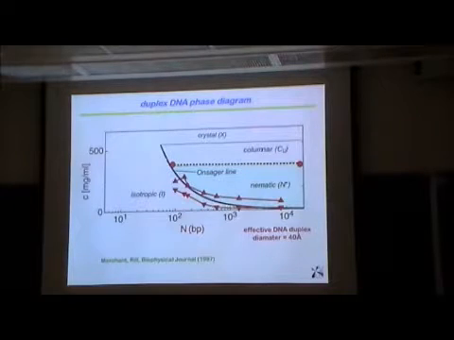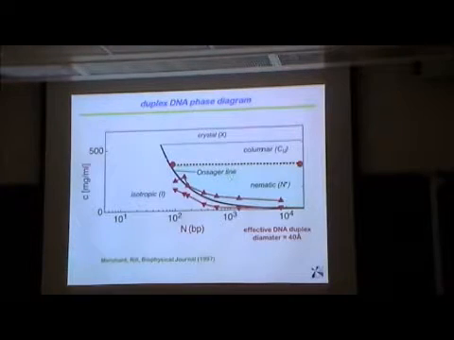Okay, so this is the data. These are measurements of the phase coexistence of isotropic and nematic in DNA as a function of length, and you see that there is a two-phase range in between here, the phase coexistence range.